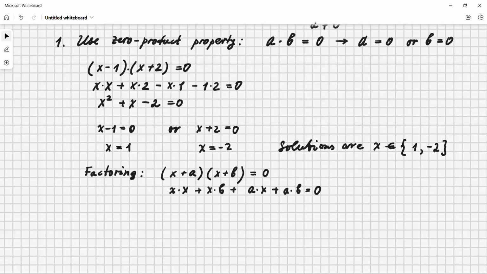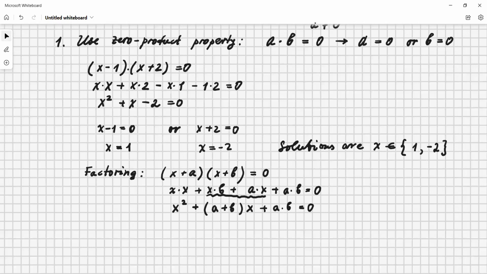If we simplify, we get x squared plus (a plus b)x, simplifying these two terms, with the same factor x outside and b and a inside parentheses, plus a multiplied by b.